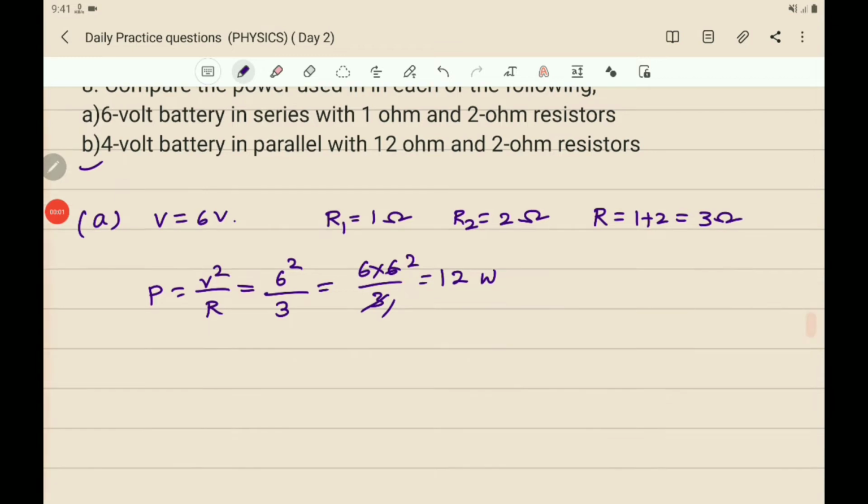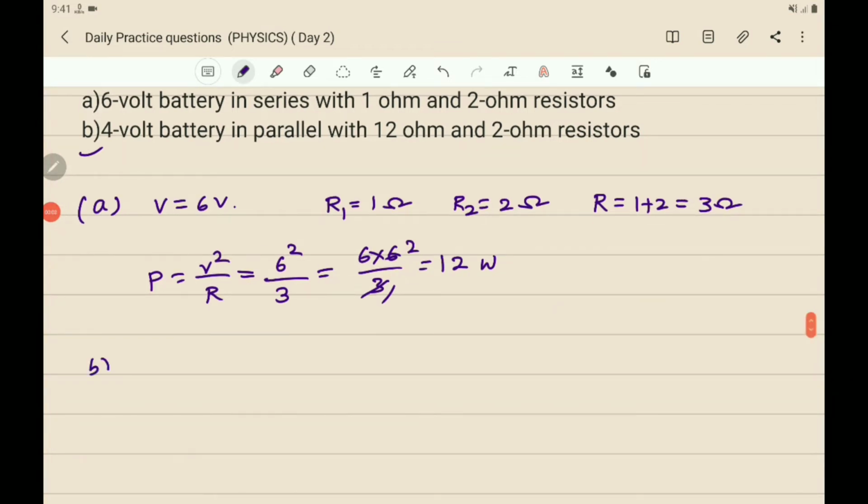Then you take B. Here V equals 4 volt, and R we have to find out. Take R1 equals 12 ohm and R2 equals 2 ohm.